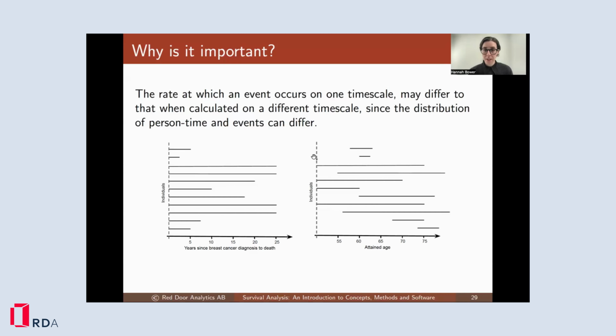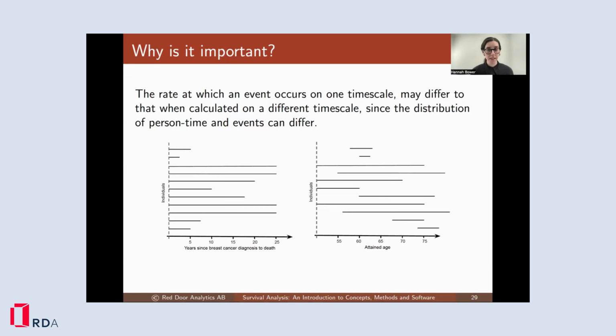For the second individual, they are diagnosed at age 60. So when we follow them for 3 years across their time since diagnosis, then we see that on the attained age timescale, we stop following them at 63 years. And the most important thing to see here is that when we shift between these different timescales, the lengths of the lines are the same.